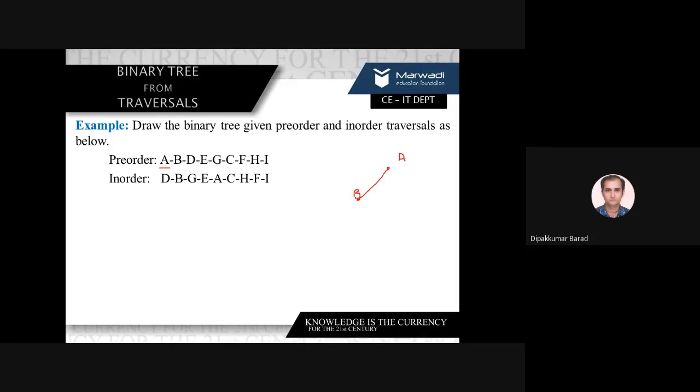Once you get this B, now you have to look here.